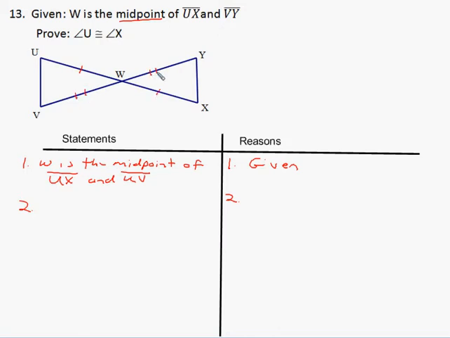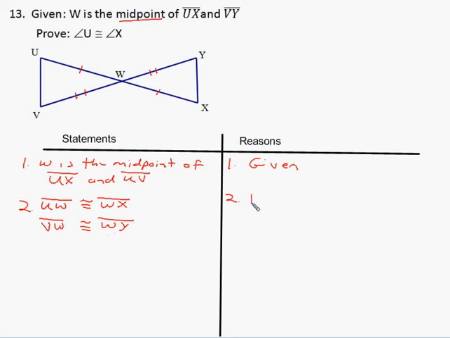And so we can say that segment UW is congruent to segment WX because of the definition of midpoint. At the same time, we can say VW is congruent to WY.